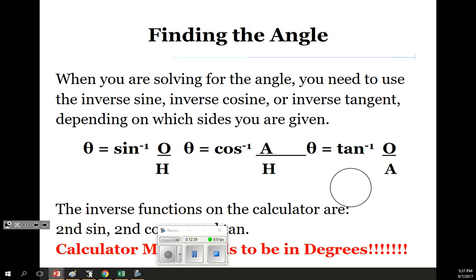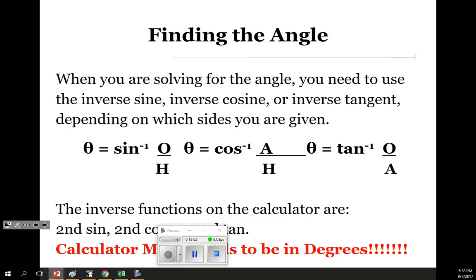So that was a situation where we were given an angle and we were given a side, so we had to use one of our trig functions. Now here are the formulas that we would use when we're trying to find an angle. When we're trying to find an angle, we're still going to use trig.